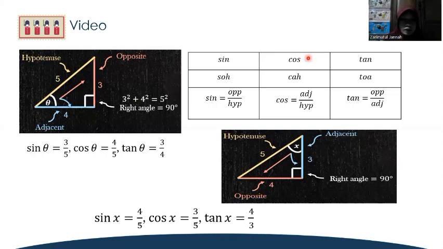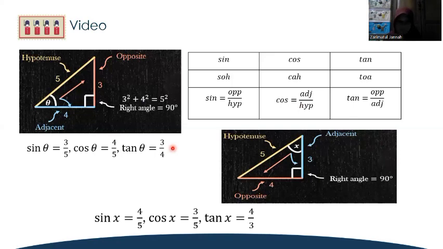Cosine is adjacent per hypotenuse, so cosine of theta equals 4 per 5. Tangent of theta is opposite per adjacent, so tangent of theta is 3 per 4.